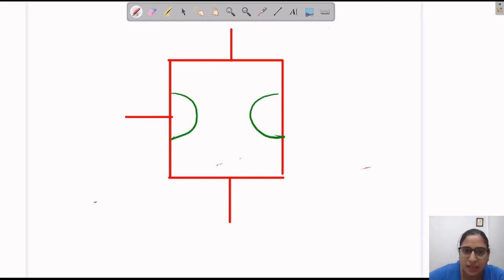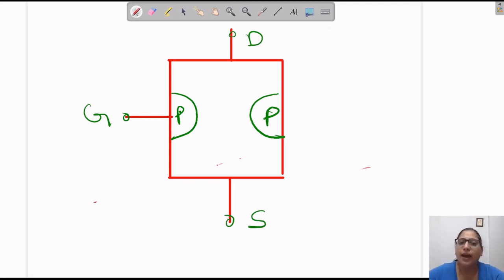If this is N channel, then here are P type impurities. We are discussing the working of N channel. So this is our gate terminal, this is our drain, and this is our source. The current always flows from drain to source.